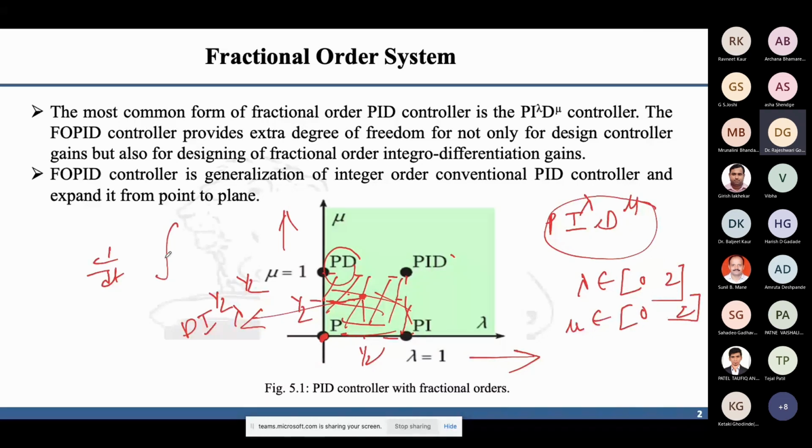But because of this concept, we have a fractional order also. So our physical system can be realized with the help of these techniques as well, meaning the fractional order technique, right?